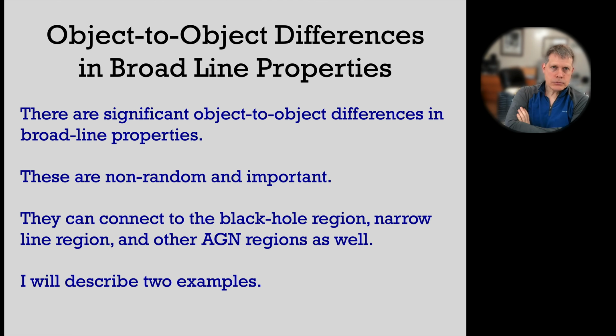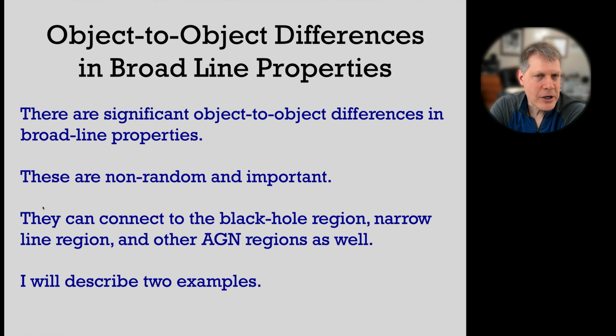Furthermore, there are fascinating and important non-random object-to-object differences in the properties of the lines from the broad line region and also including the other emission lines as well, from the narrow line region, for example.